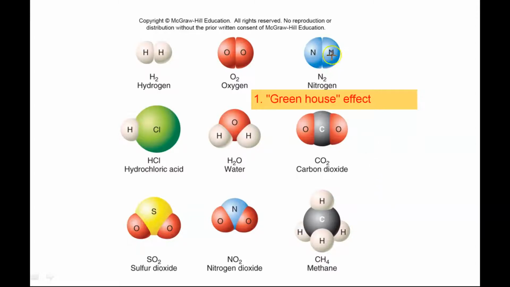We have nitrogen molecules, oxygen molecules, water vapor molecules, CO2 molecules, right? And CO2 molecules can trap the heat in the atmosphere. This is very important because it keeps the Earth's temperature at a certain level.